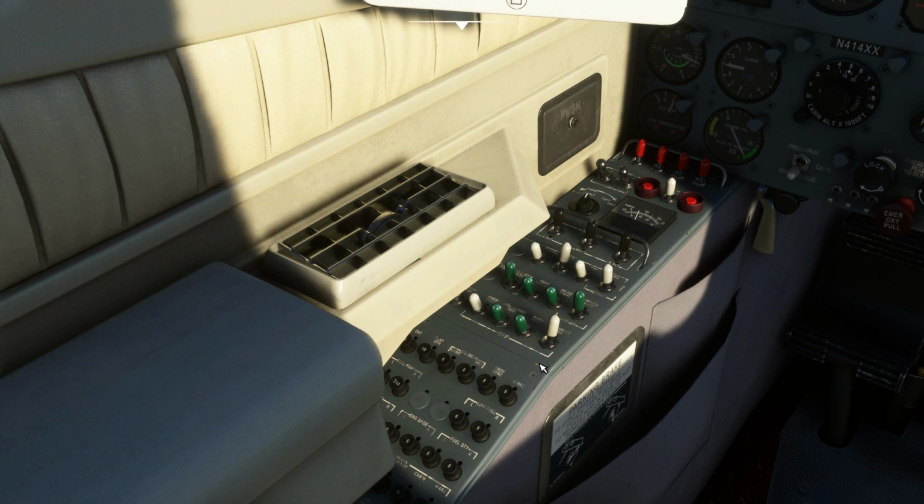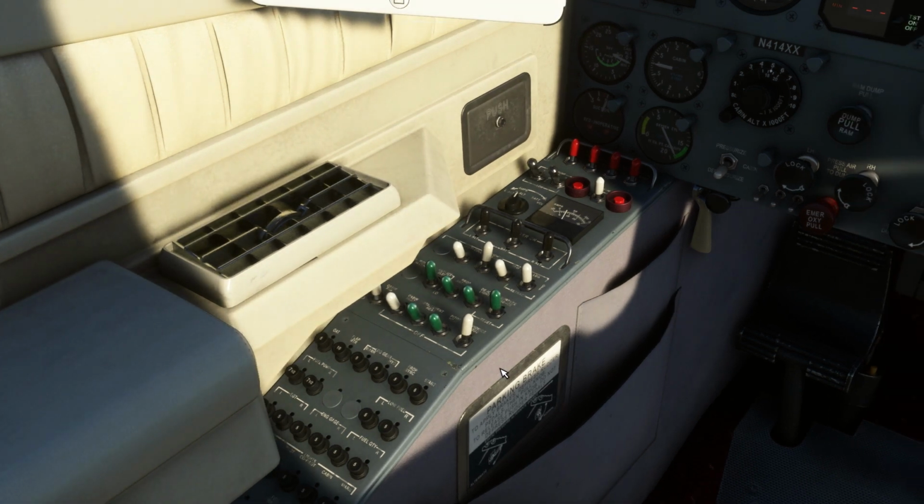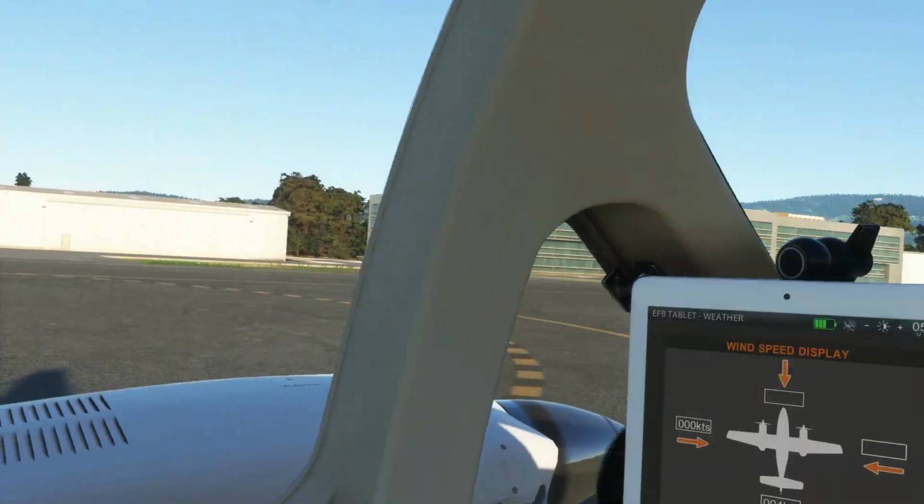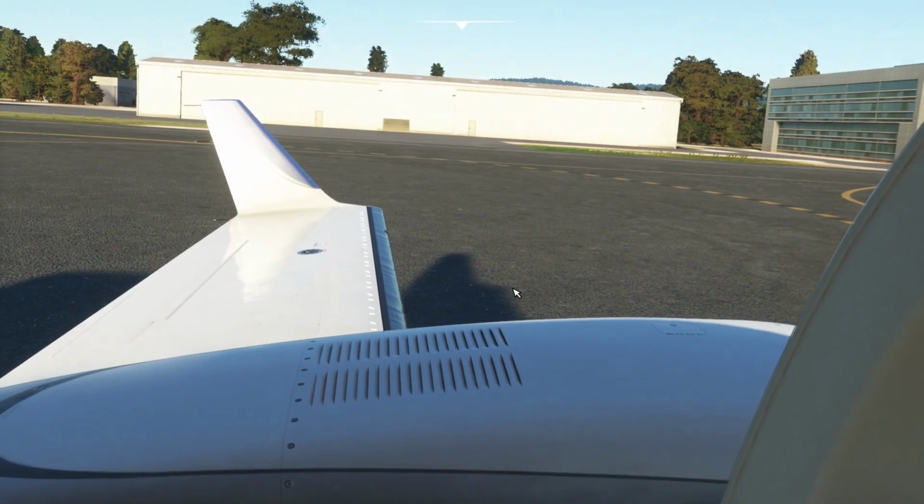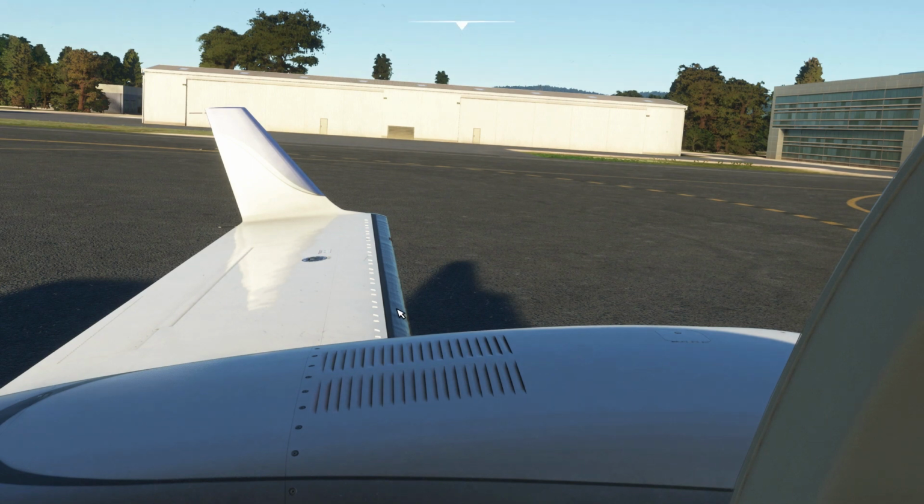So yeah, now first off, let me find the de-icing button. So these are the boots. Let's see them inflating. Look at that, look at that.